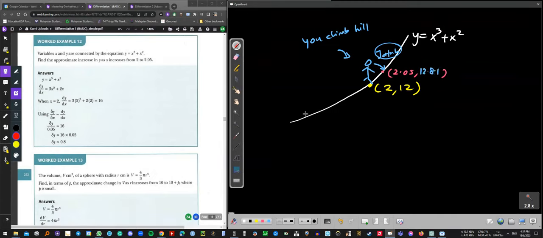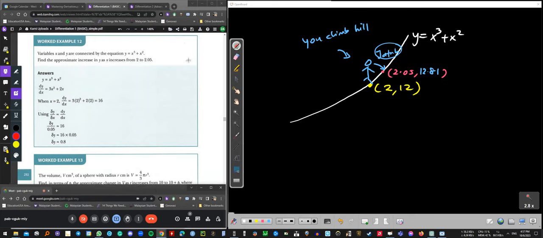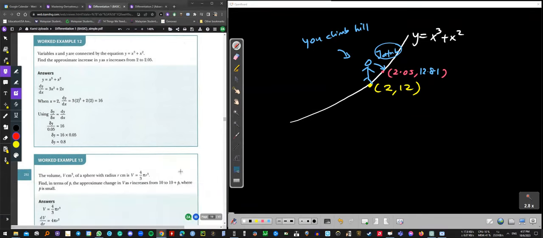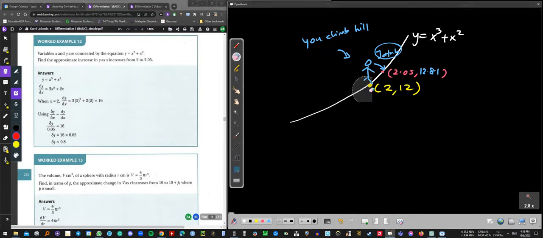Dapat 12.81. Okay, dapat 2.05. So, bukan 12.